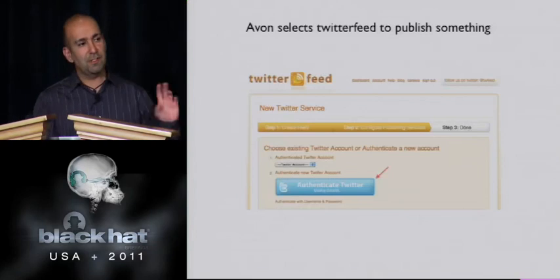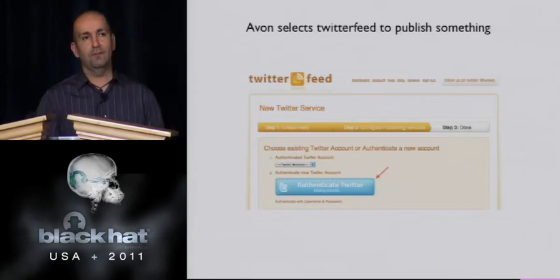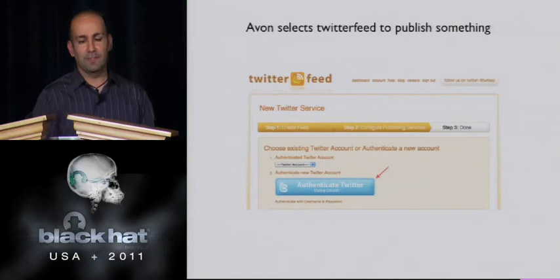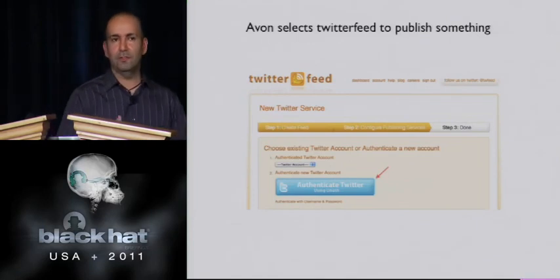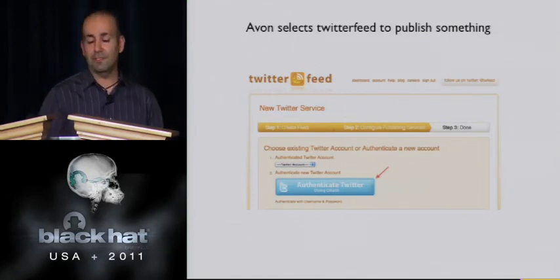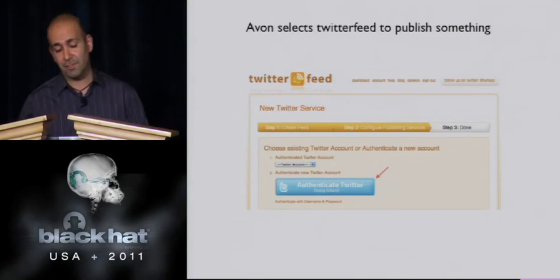So as you recall in the previous example, Avon wanted to use a third-party client to post something. So it goes through a normal OAuth flow with his Twitter feed, which is a third-party, web-based client application.